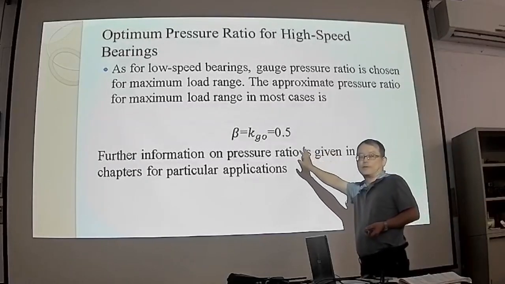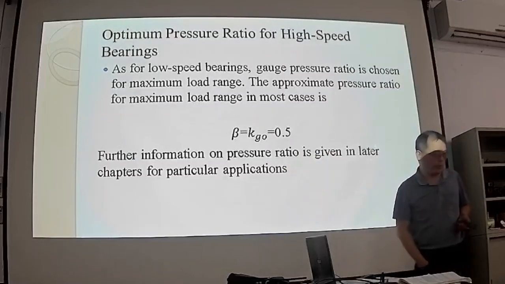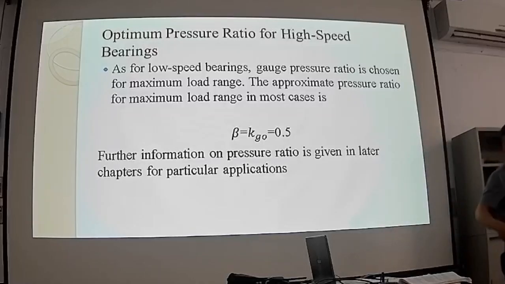Although for the capillary restrictor, it's a bit different from this 0.5 level. But most of the cases we design our hydrostatic bearing using this pressure ratio 0.5.